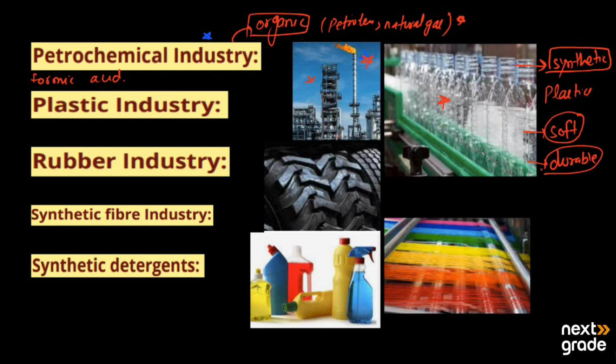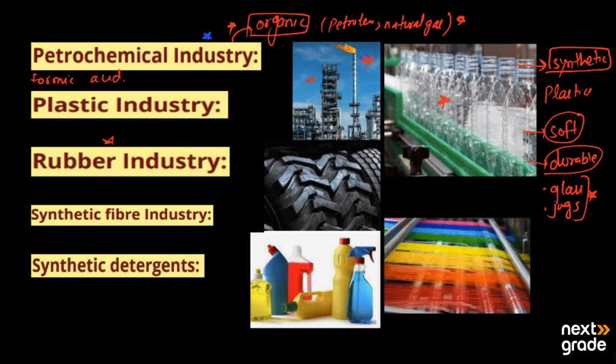We can also make different crockery products. We can make glasses, we can make jugs. All the products made of plastic that we use in our daily life, or for domestic purposes, are prepared by the use of different hydrocarbons. Then it is used in the rubber industries.